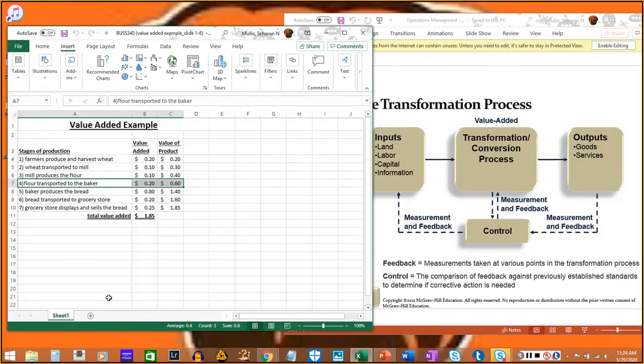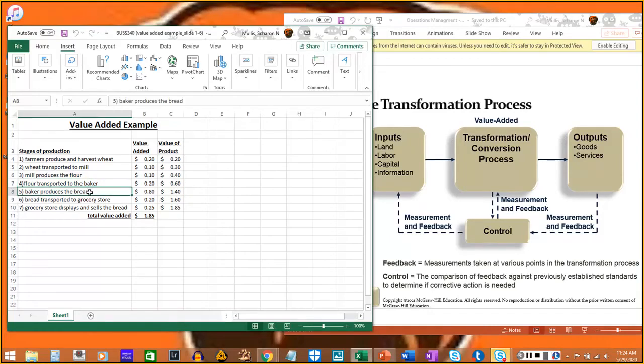Yep. So you definitely need capital. You need vehicles to transport the flour to the baker. The information you need to know how much the baker wants, correct? You need people to transport it, and you also need the land part, the gas or the petroleum to travel, to drive the vehicle.